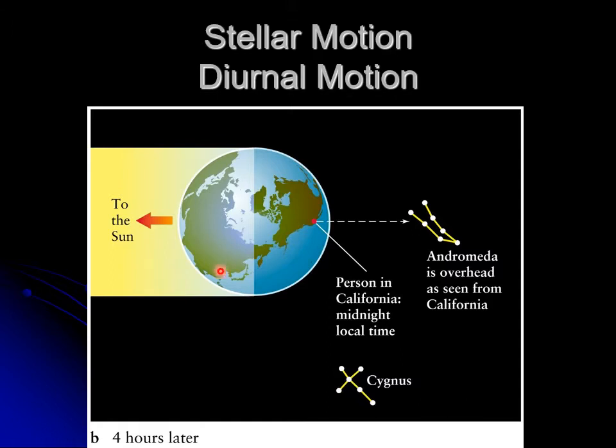Well, obviously it's Earth that's turning. And so as Earth turns, as you look up, you're going to see different things in the sky. And we call that diurnal motion. Diurnal motion is the term used for this daily rising and setting due to just looking up.